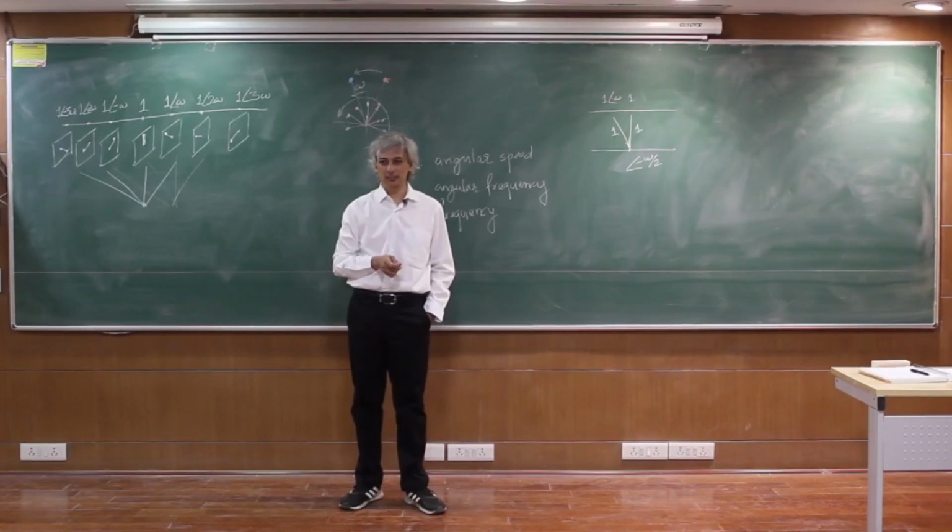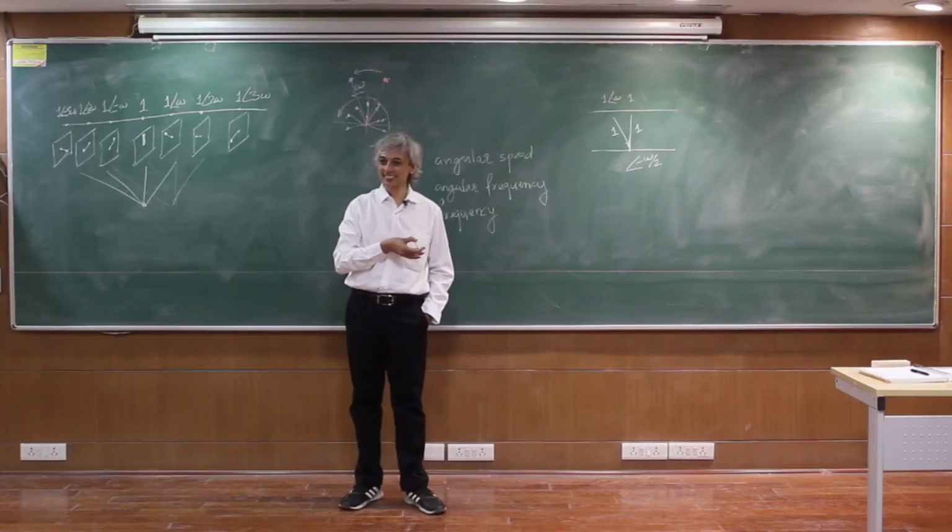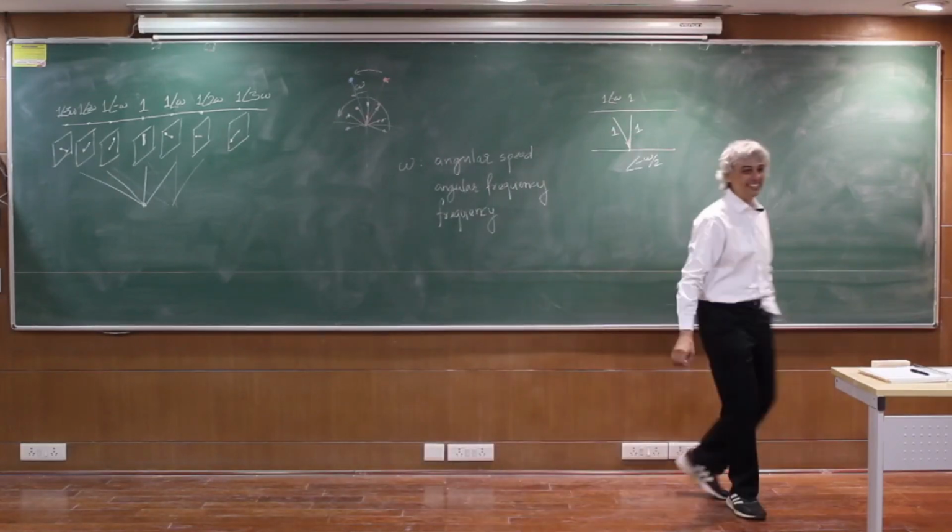Which is probably something else as well. 2 cos omega by 2 is very nice. Is 1 plus cos omega the same as 2 cos omega by 2? 2 cos square, 2 sin square omega by 2. Anyway.